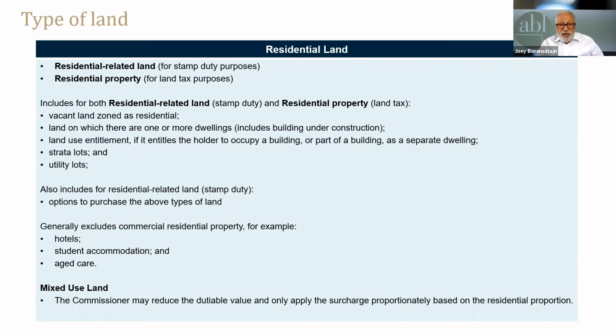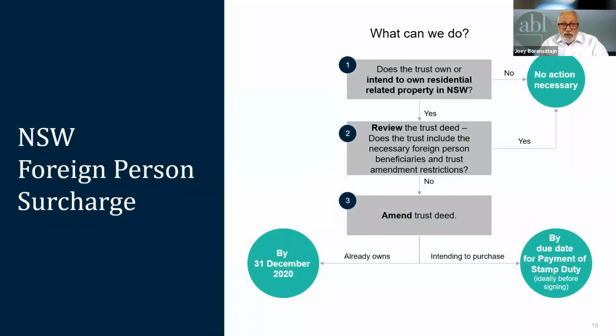So, what can you do? What do you need to do? If you look at this flow chart, does the trust, or in the relevant case, unit trust, own or intend to own residential related property in New South Wales? If not, nothing's required. If yes, you need to review the trust deed to check the trust deed includes the necessary foreign person beneficiaries and trust amendment restrictions.